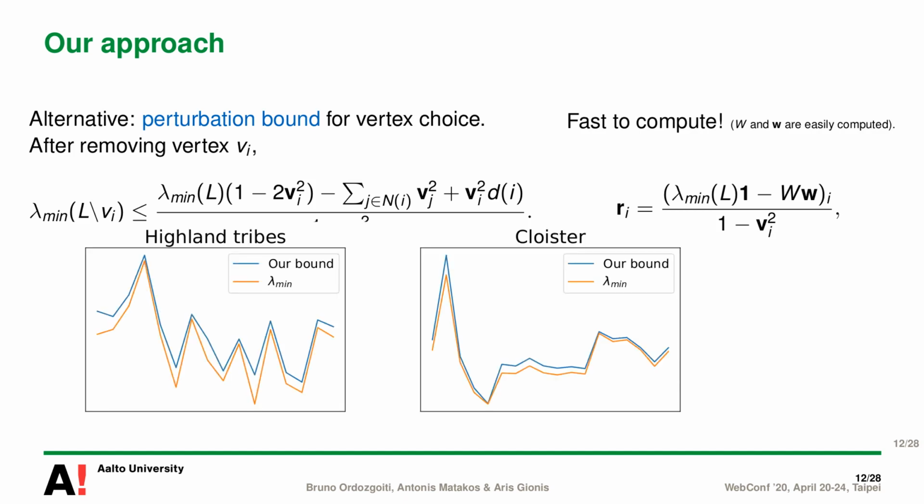This is a depiction of how the upper bound looks for a couple of real small signed graphs. As you can see, it is empirically quite tight, so it should be a good way to select which vertex to remove at each step of the algorithm.